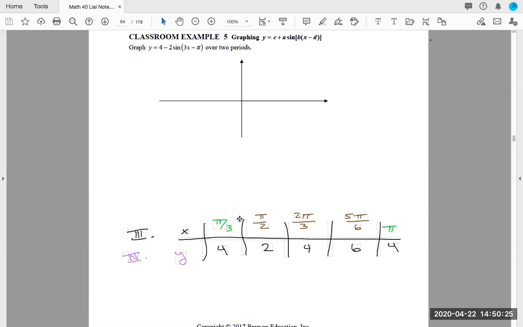I'll just leave that here. Okay, so here we go. We're going to go ahead and plot this out.